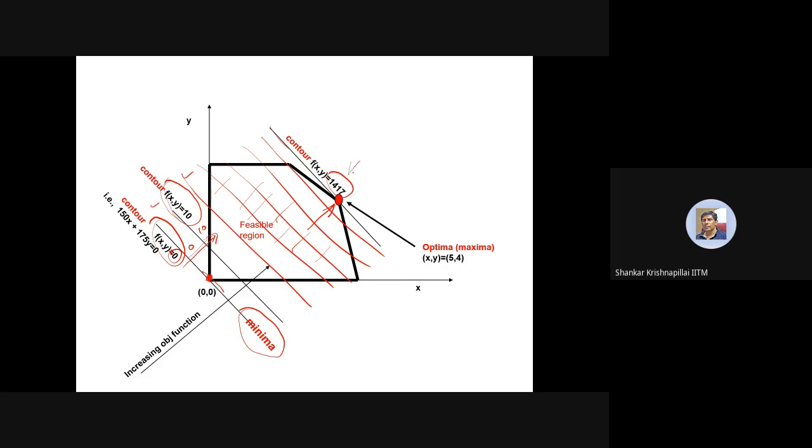This is the maximum profit you can get, 1417 rupees, without violating the transportation cost and storage cost and all that. The corresponding x and y values can be read from here. x is equal to 5, y is equal to 4. So your x star and y star.